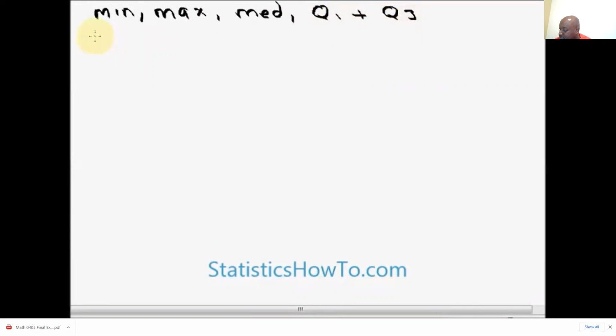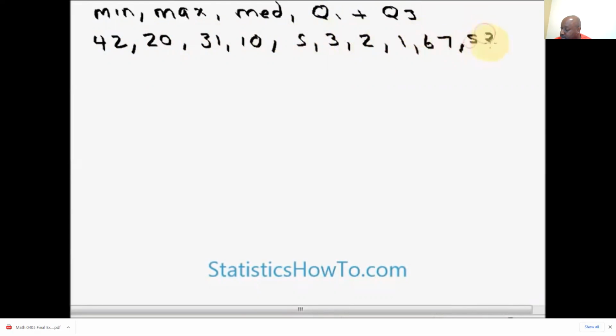Let's start off with a set of data. Just going to choose a few random numbers here. Say you're given this set of data and you're asked to find the 5-number summary. Step 1, you want to put these numbers in order.